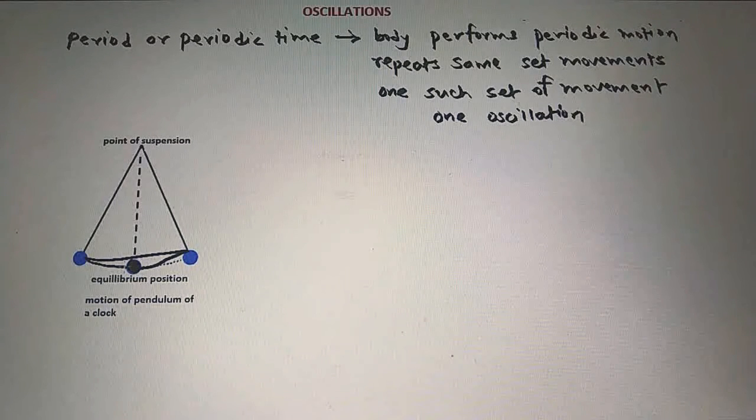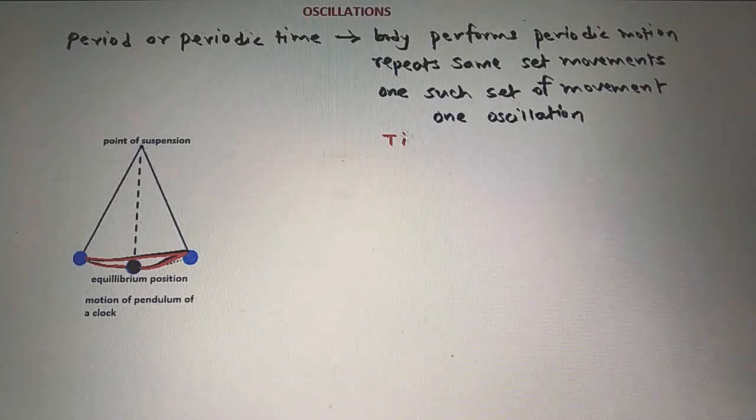See here, when the pendulum, or a body, moves backward from its mean position or equilibrium position, then moves forward and then comes to its mean position, that means this pendulum completes one oscillation.